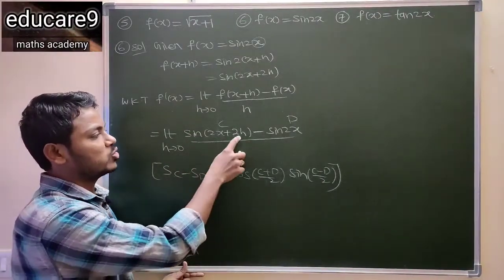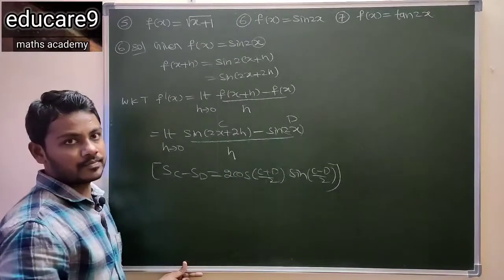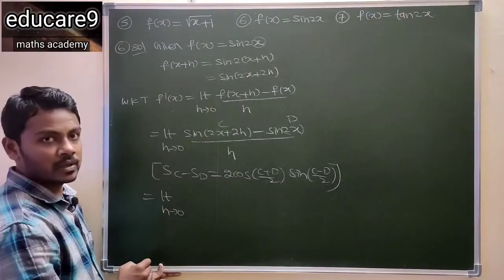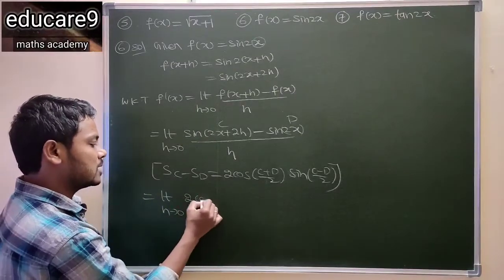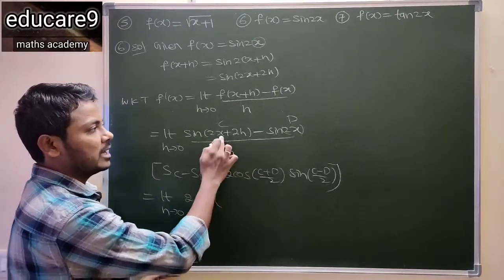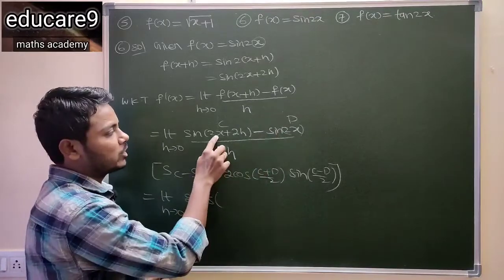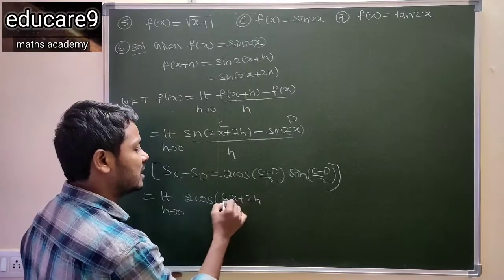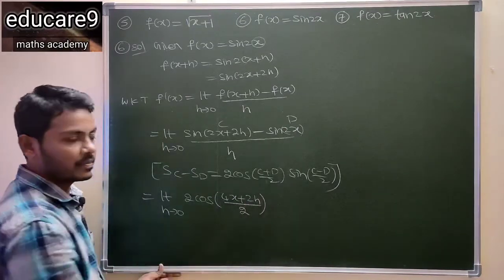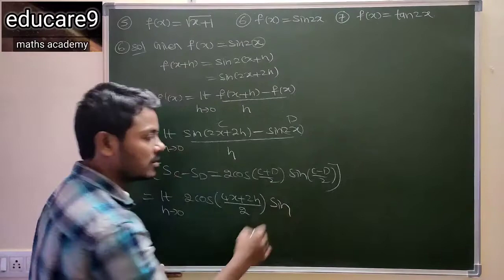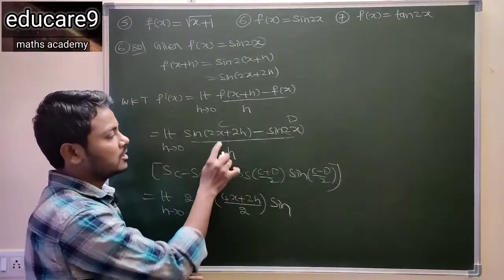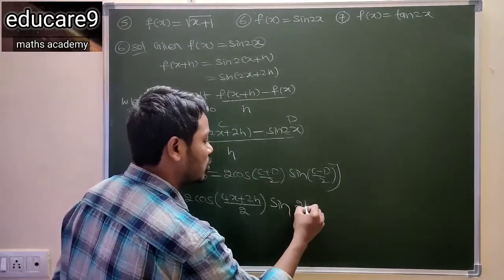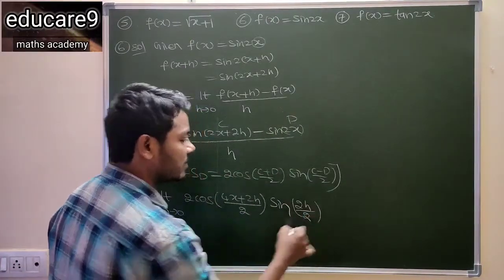c is 2x plus 2h and d is what? 2x. So this is equals to limit h tends to 0, see here, 2 cos of (c plus d) by 2. Add both of them, you will get 2x plus 2x, 4x plus 2h, divided by 2. And sin of, subtract both of them, so 2x gets cancelled. You will get only 2h divided by 2.